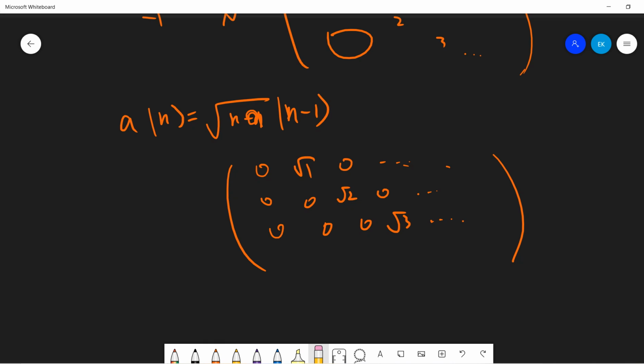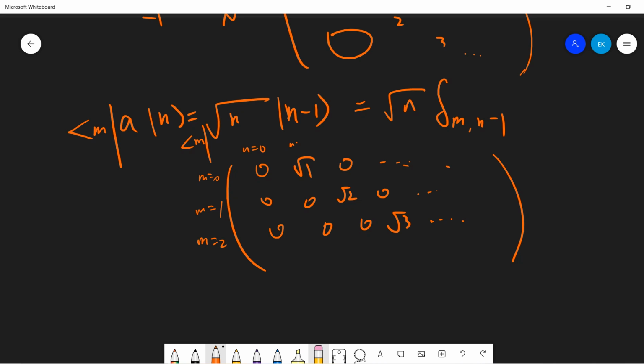And the reason is very easy, because if you take an m here, then it will become square root of n times delta m, n minus 1. So this is m equals 0, m equals 1, m equals 2, n equals 0, n equals 1, n equals 2. So if n equals 1, m equals 0, then it becomes this point, this point, this point. So this is a, right?